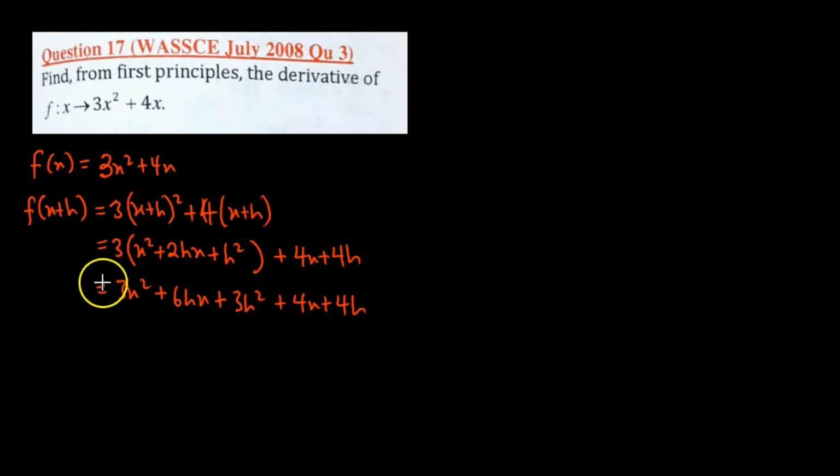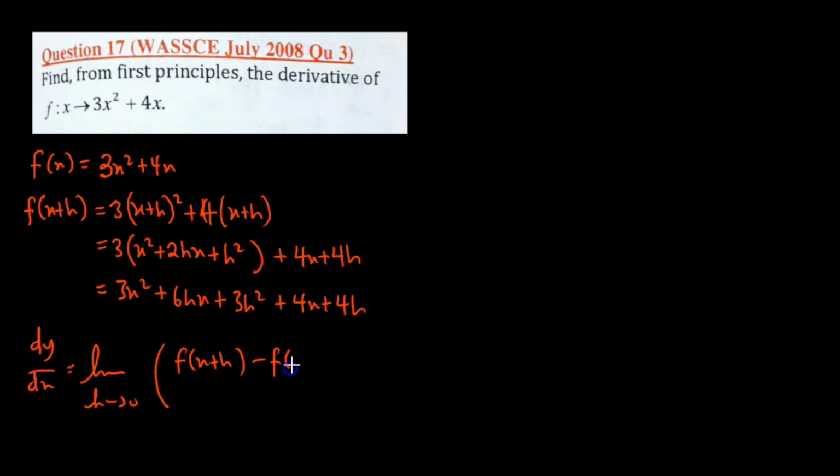And then going further, we have to write up from first principle. We know that dy dx is equal to the limit as h approaches 0 of the function f of x plus h minus f of x all over h. So at this moment, all that we need to do is to substitute for the function.